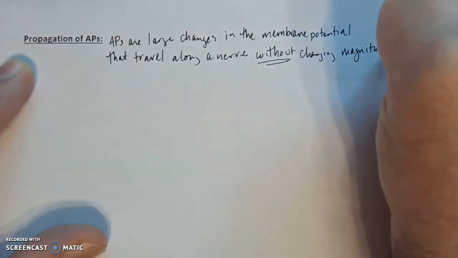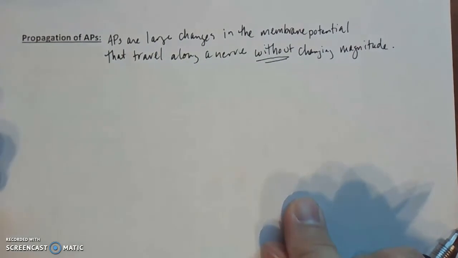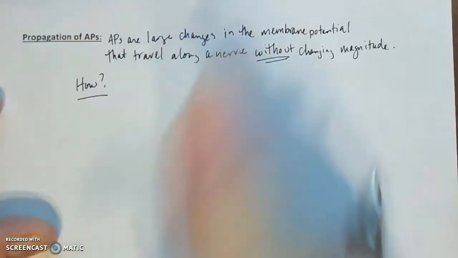So the strength of that action potential does not change, because remember that an action potential is all or none. So it is the same reversal, and it does not change that amount of difference in polarity along that nerve. So our question is, how?